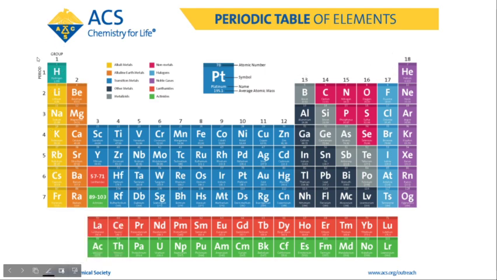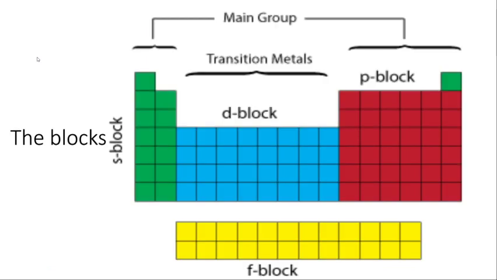Okay, so to break the periodic table down a little bit further, the large breakdown is that we break them down by blocks. There are 4 blocks. Each of them has a 1-letter abbreviation. Over here, S block, the P block over here in red, D block in the center, and the F block down here at the bottom.